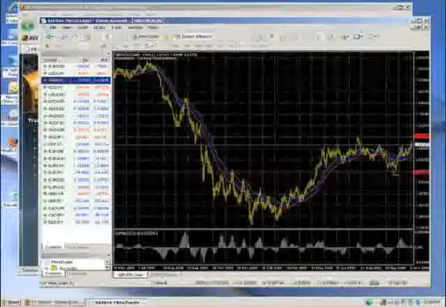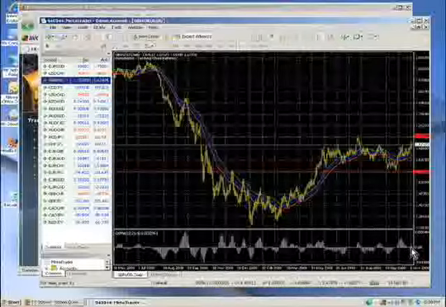You might want to take a look at something like the MACD to see which side of the zero line it's on. I would slightly favor the call side of this, the upward side. But the bottom line is, if I'm looking at a market that's moving sideways, quite frankly, I know that the market could break in either direction.